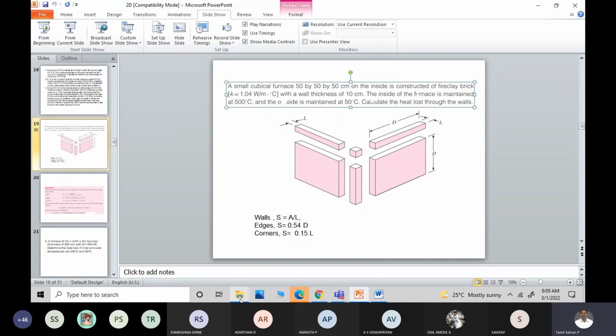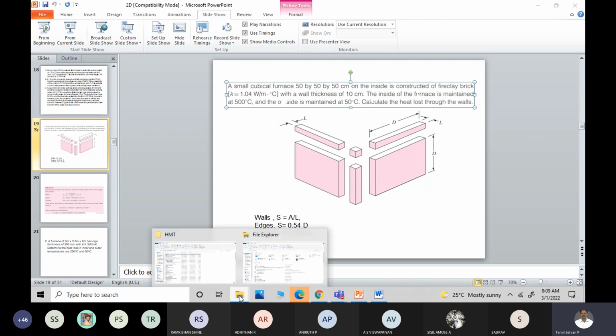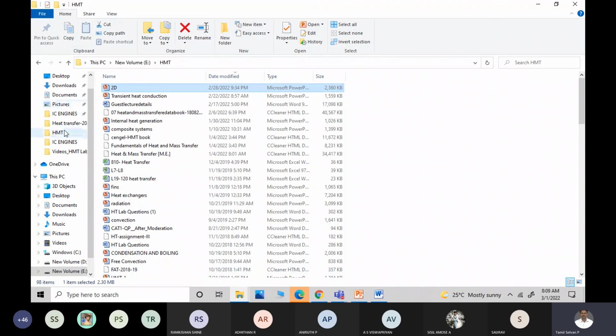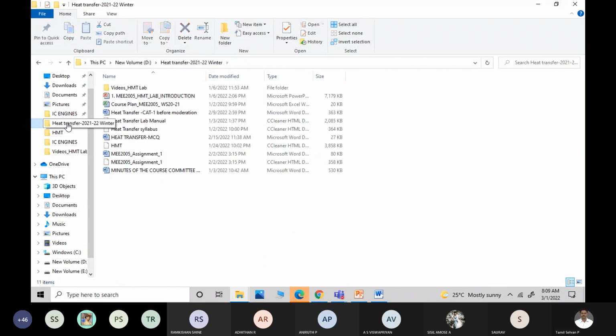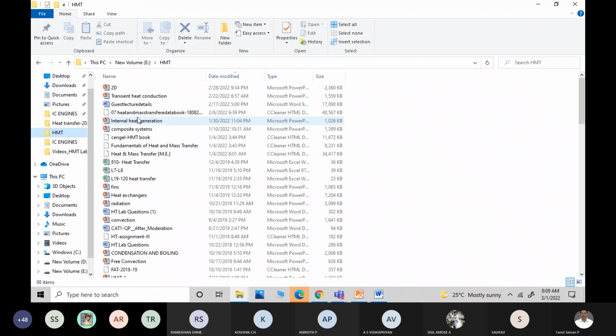You may ask, sir, in the data book, how can I find it? In the HMT data book also it is there. Students, all of you are able to take the data book at what page it is. When you come for the offline classes, and even for the laboratory classes, you are expected to bring the HMT data book.